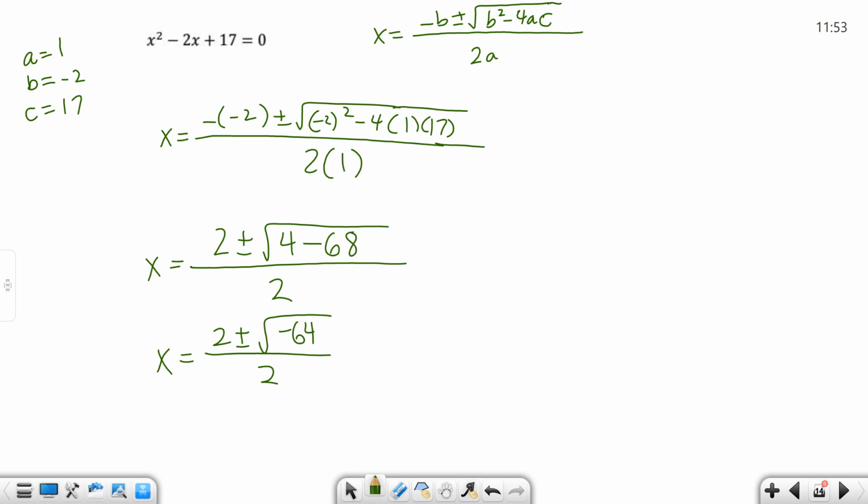Now, if we're talking about real numbers, if we're talking about real values, this doesn't work. You cannot take the square root of a negative with real numbers, right? But with complex or imaginary numbers, then you know the square root of negative 1 is I, right? The lowercase I. So what we're going to do is say this is x equals 2 plus or minus the square root of a negative is I, and the square root of 64 is 8 over 2.